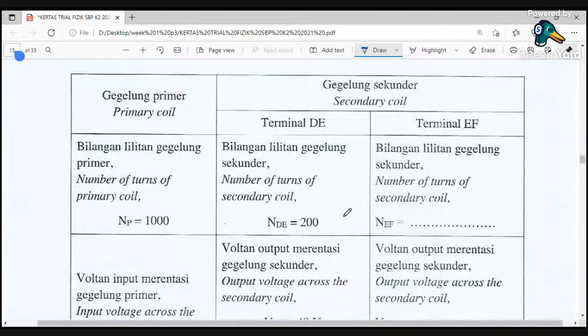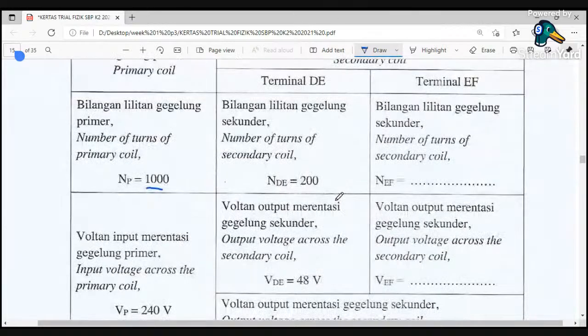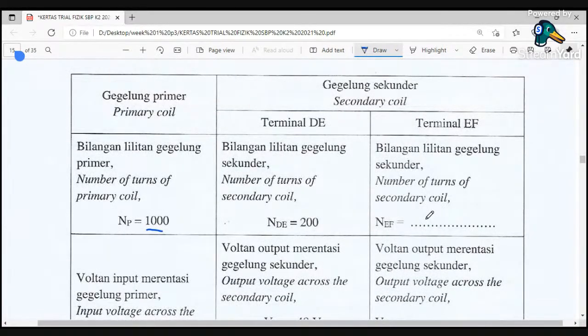Okay, soalan. The given information for the primary coil, number of turns is NP 1000, and then the input voltage 240 volt. For secondary coil, if you connect to terminal D and E, the number of turns is 200.